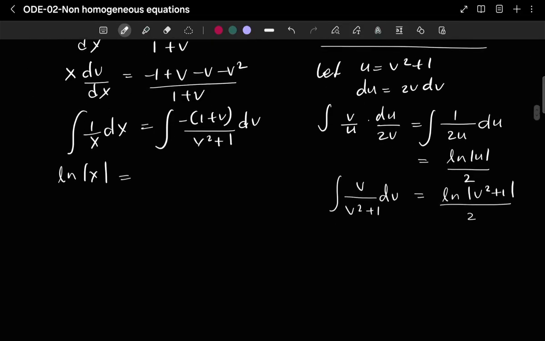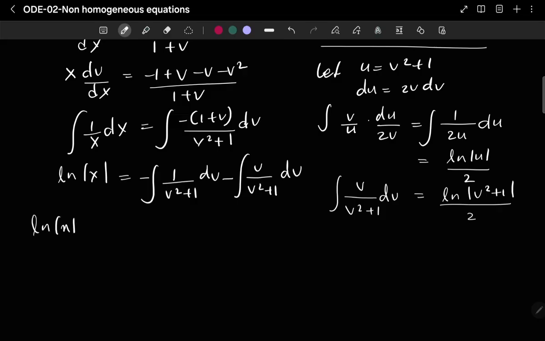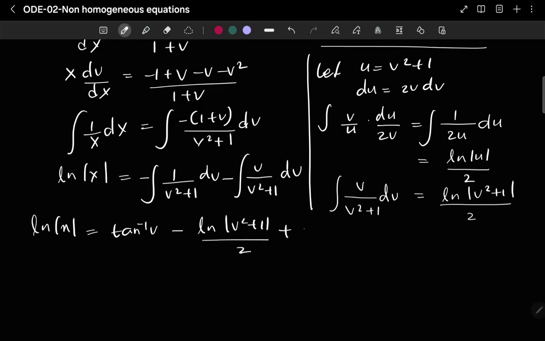So here now we can write ln X equals minus the integral of 1 over v squared plus 1 dv minus the integral of v over v squared plus 1 dv, and we get ln X equals, for this 1 over v squared plus 1, we have the integral tan inverse v, minus for this we have ln (v squared plus 1) over 2 plus c, where c is an arbitrary constant.